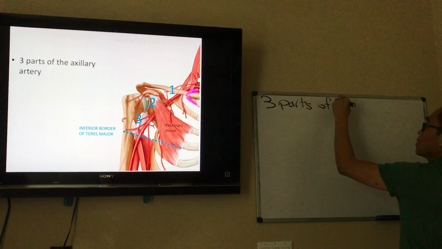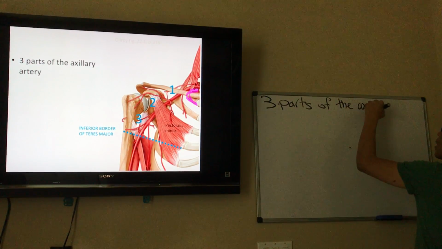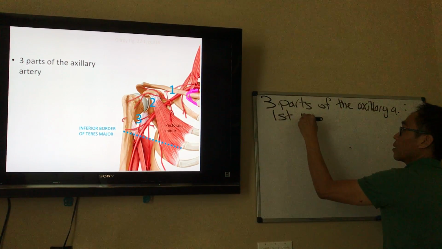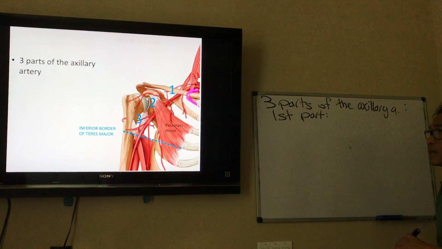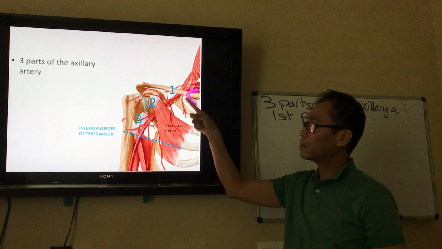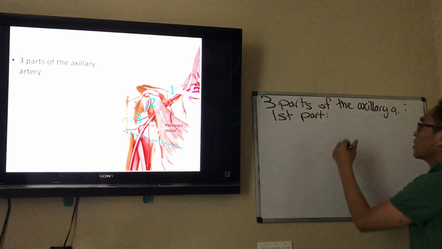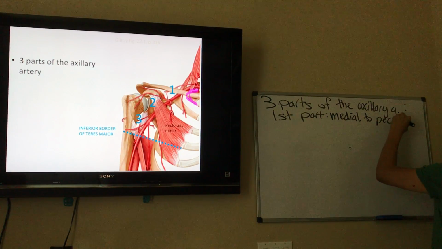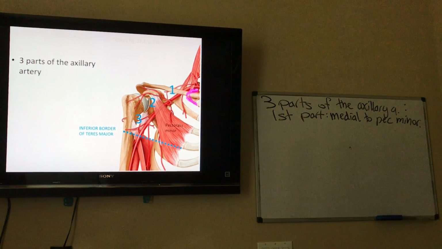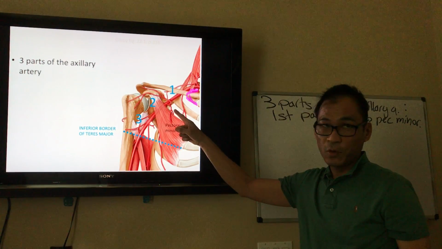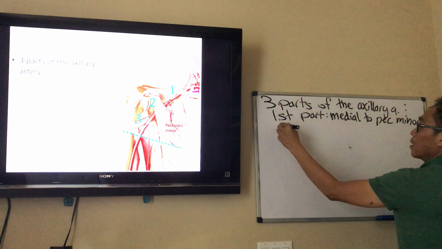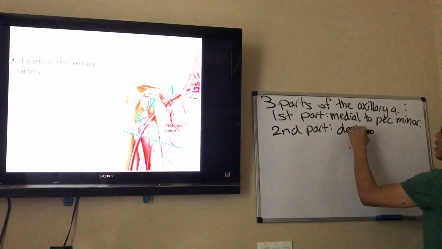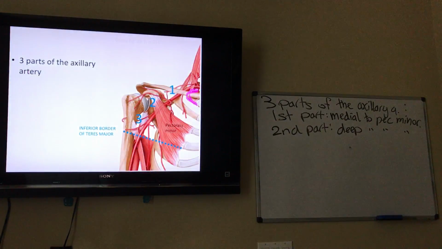Three parts of axillary artery. First part, it's medial to the muscle, medial to pec minor. Second part, by definition, is deep to it. Deep to pec minor.